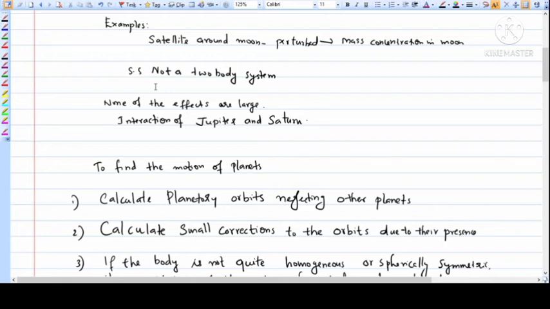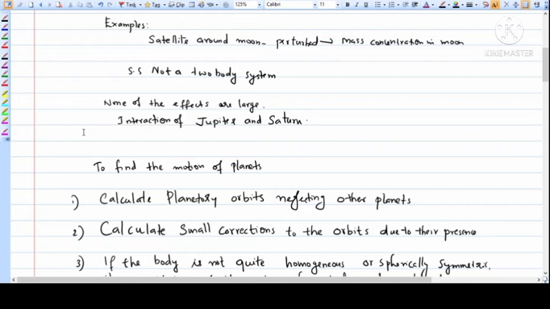So there are so many interactions between the bodies. Not only the interaction between the considered planet and the sun, there are so many other planets interacting with each other. So this is one situation explaining that the bodies in the solar system are not homogeneous.